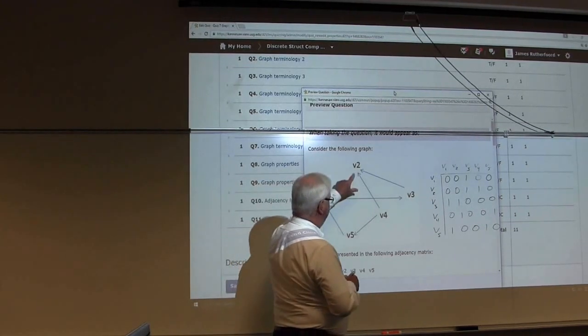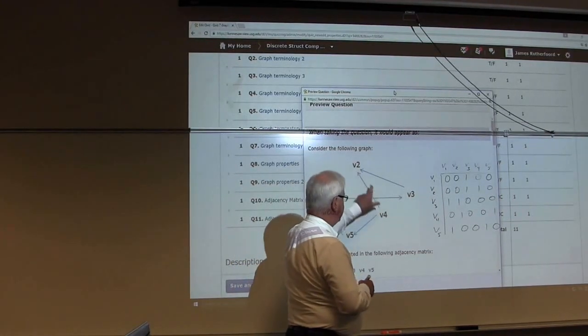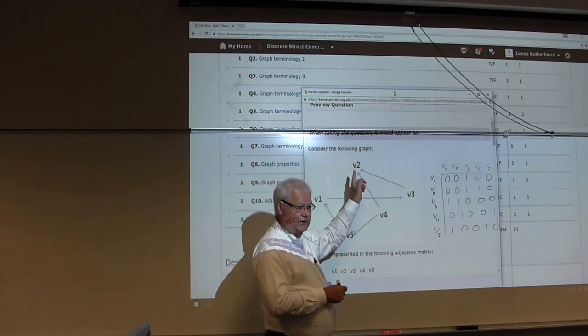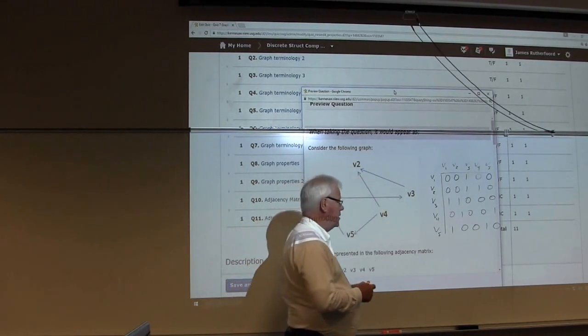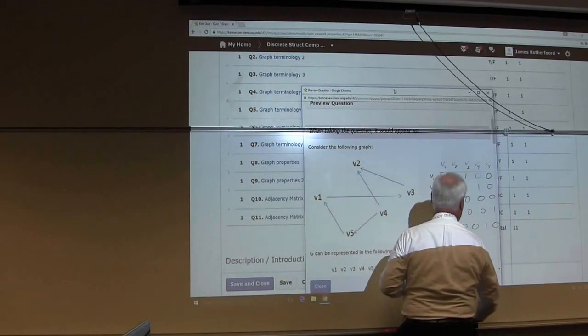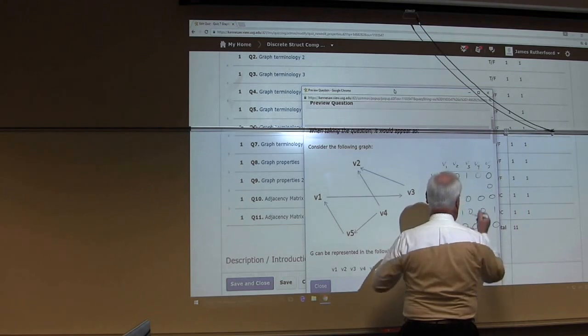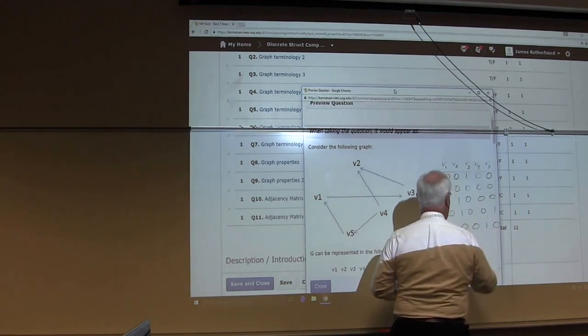V2 is not adjacent to anything, is it? Because everything that is adjacent is adjacent to it, but it's not adjacent to them. So for V2, take out these ones and replace them with zeros.